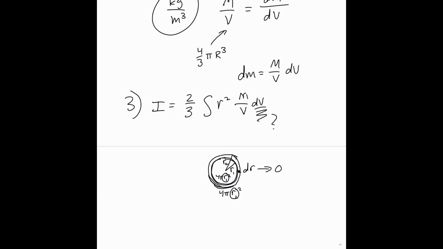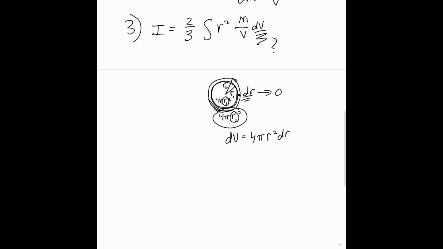And so all I have to do to get a volume is project that amount of surface area through a thickness of dr. So all I'm trying to say is dv is equal to 4 pi r squared dr, which gets us to step number 4. The rotational inertia should be 2/3 capital M over V times the integral of r squared times 4 pi r squared dr.